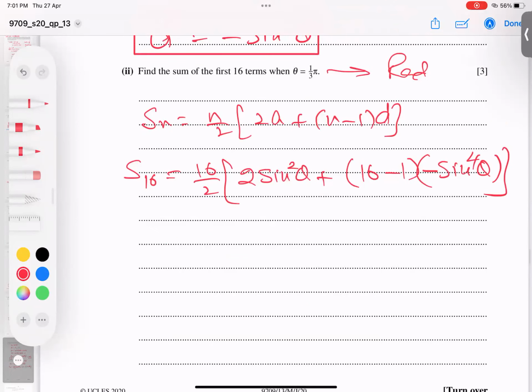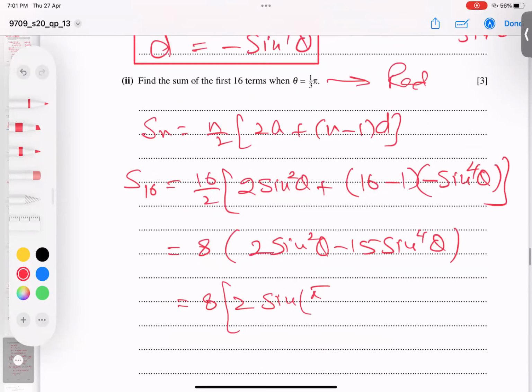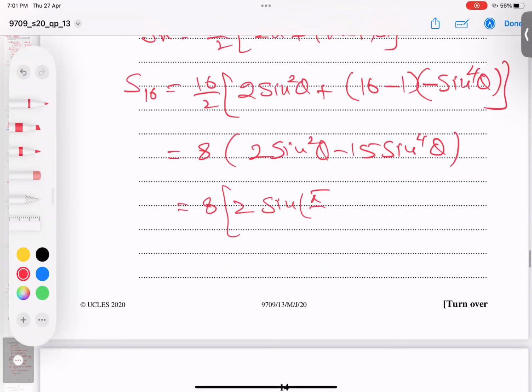Now let's simplify first: 2 sine square theta, this is 15, minus 15, sorry. Now I'm putting in the value. What is the value, student? Pi by 3, and put a whole bracket like this.